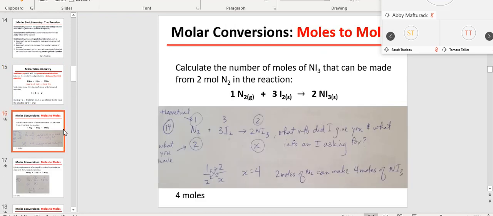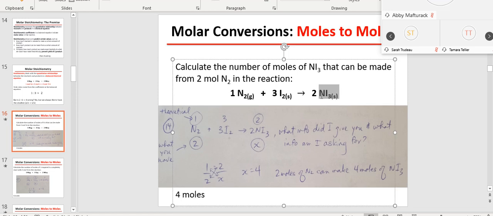So getting into this right here. Calculate the number of moles of NI3 that can be made from 2 moles of N2. So you see here, I'm looking for the number of moles of this guy that can be made from this guy here. I'm not even worried about this one, so you can just forget it.